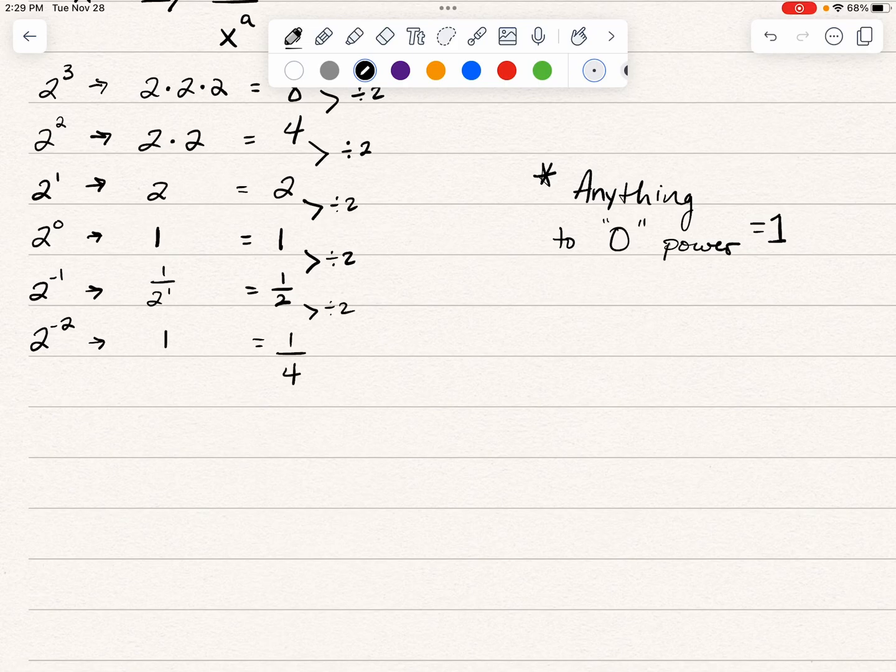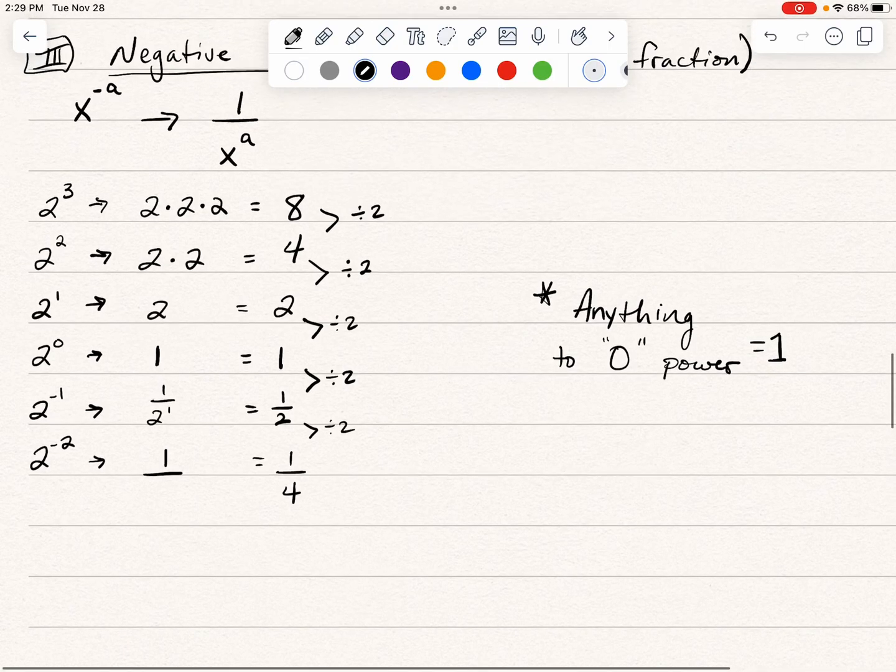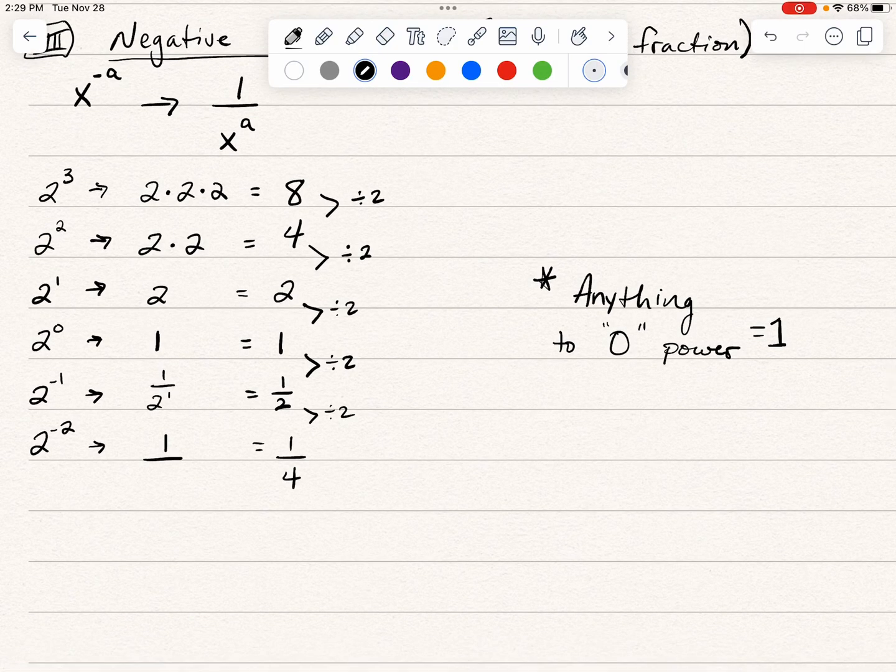And if you look at 1 over 4 by the negative exponent rule, since it's negative 2, that's going to be 1 over 2 raised to the positive 2. And we know that 2 to the second power is 4.